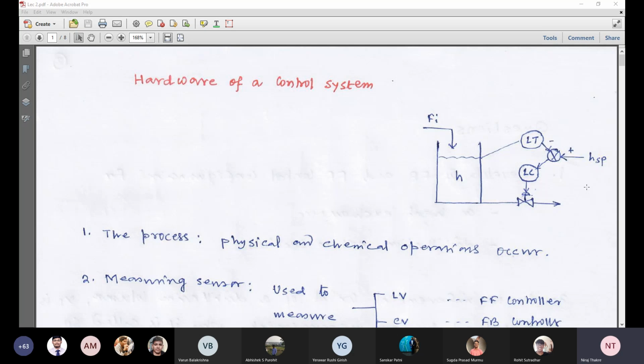In fact, there is nothing to understand. It's very straightforward, but still, let us consider this simple liquid tank system, which we discussed before.